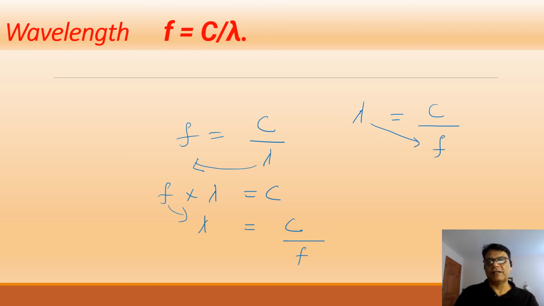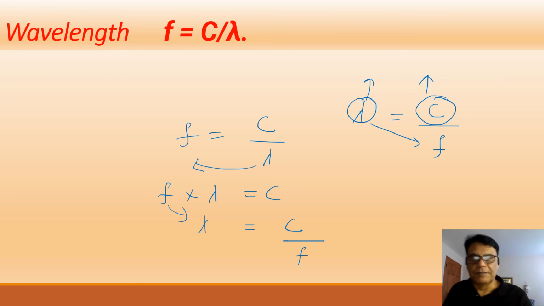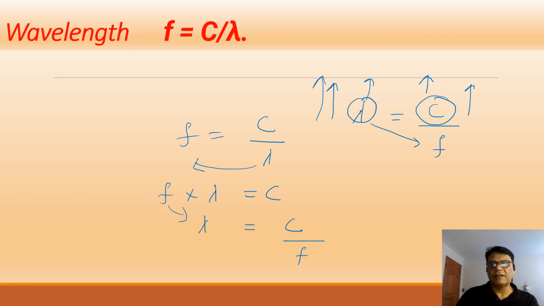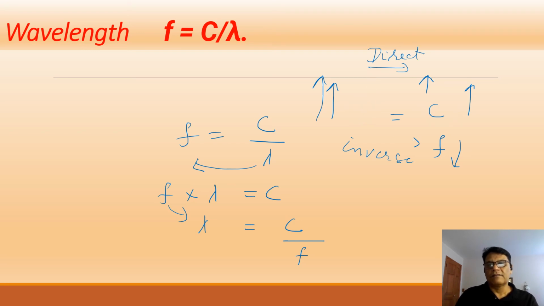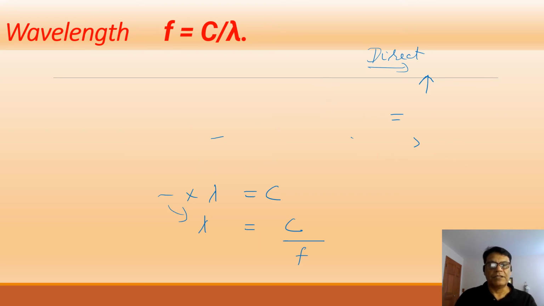The same, they have inverse relationship, and with speed of light, wavelength has a direct relationship. That when the wavelength of ultrasound wave increases, the speed will increase. Wavelength will increase, frequency will decrease, because here is the inverse relationship and here is direct relationship. But again, speed of sound in soft tissue, means in human body, is considered constant.